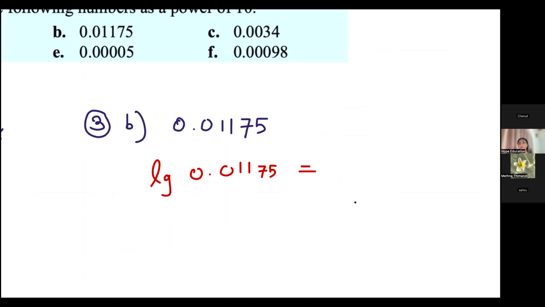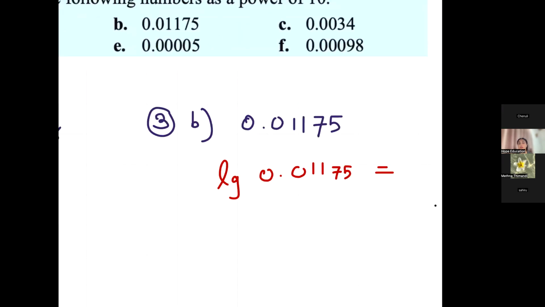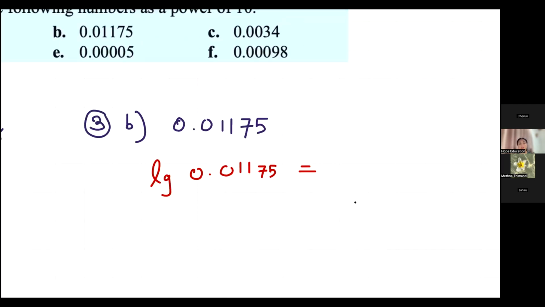Yes, what did you get? Don't waste time. What is the log value of this?